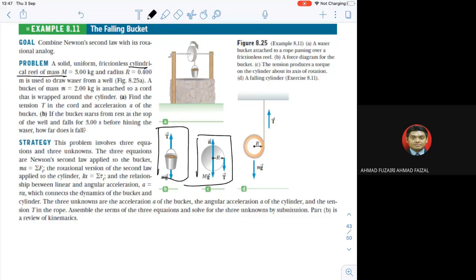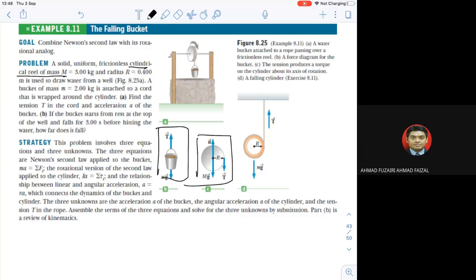Look carefully at the situation, because this will combine the rotational kinematics that we did with the force chapter. This is actually about a pulley.